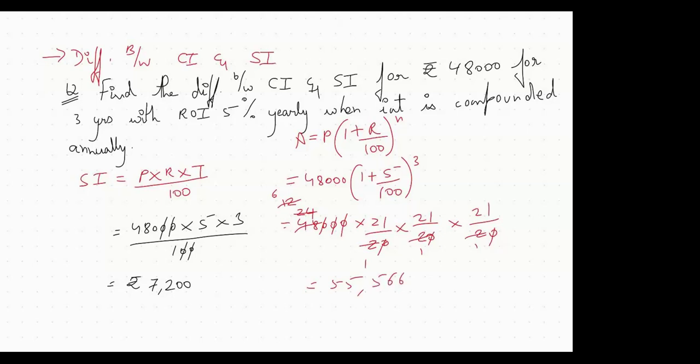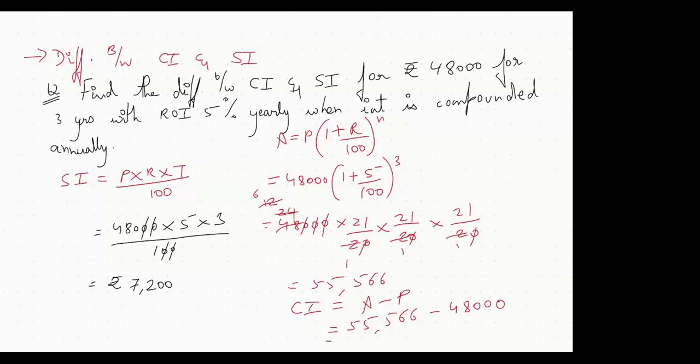Now calculate compound interest, that is CI, compound interest equals to A minus P. So 55,566 minus how much? 48,000, which is my principal. 48,000 subtracted, I will get 7,566. 7,566 is my CI.